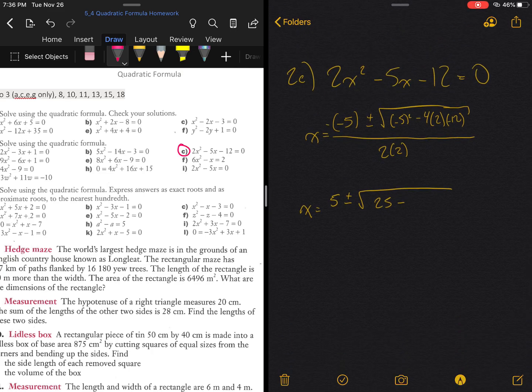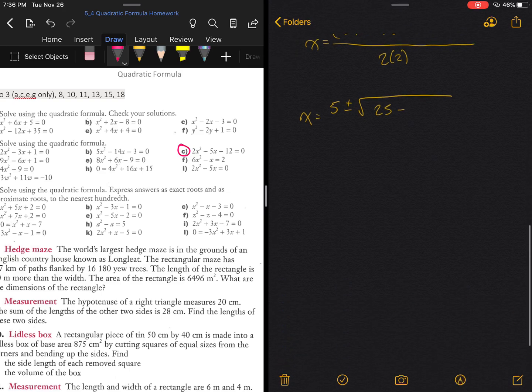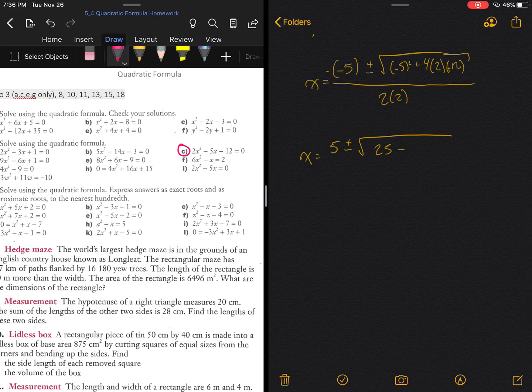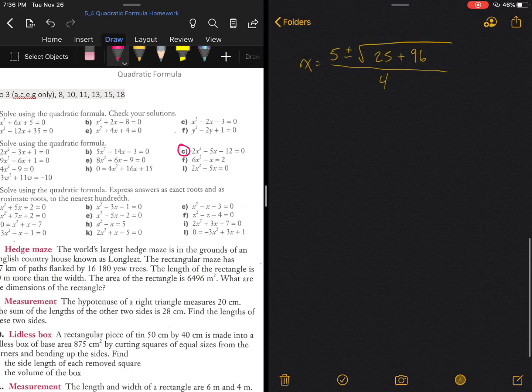What's 4 times 2 times 12? 4 times 2, by the way, times minus 12. Don't ever forget there's minuses here. Okay, so 4 times 2 times 12, 8 times 12, which is 96. Add 96, all over 4.